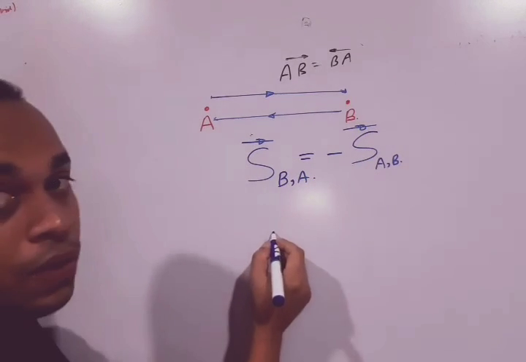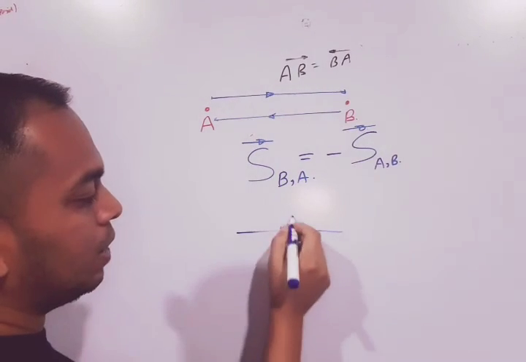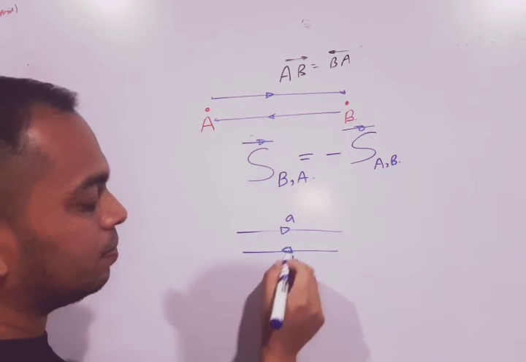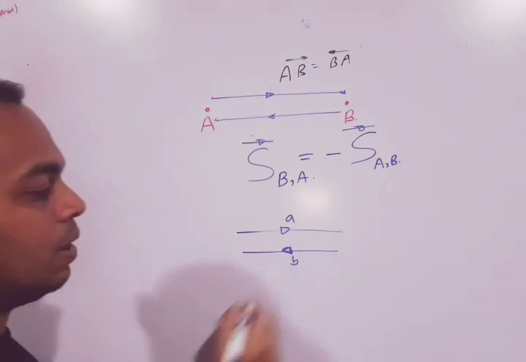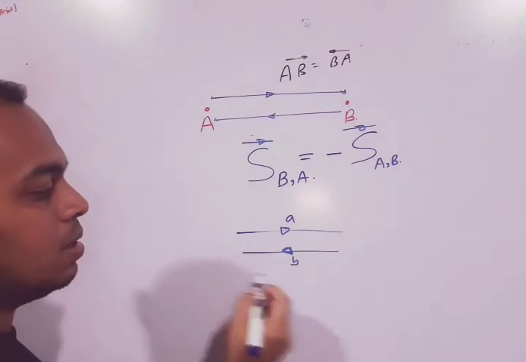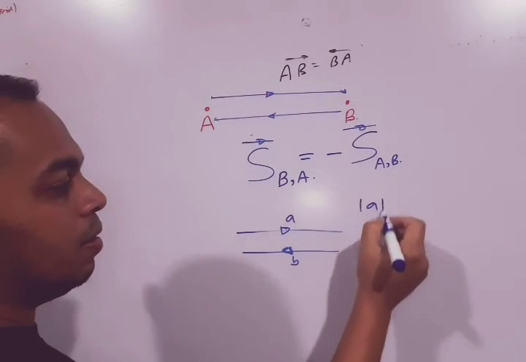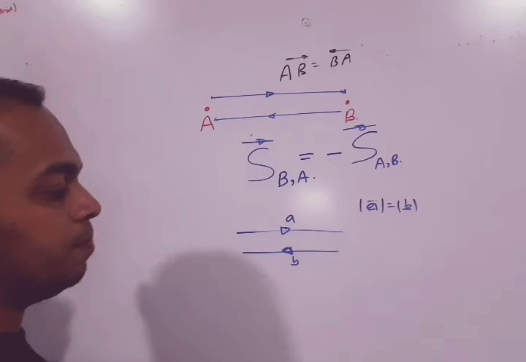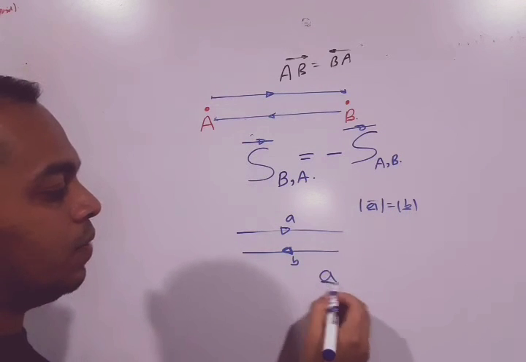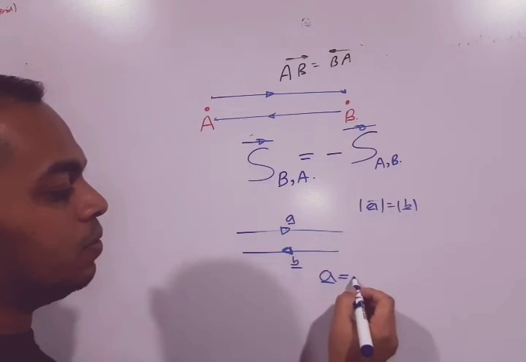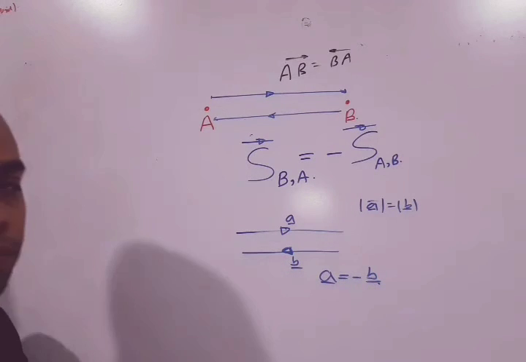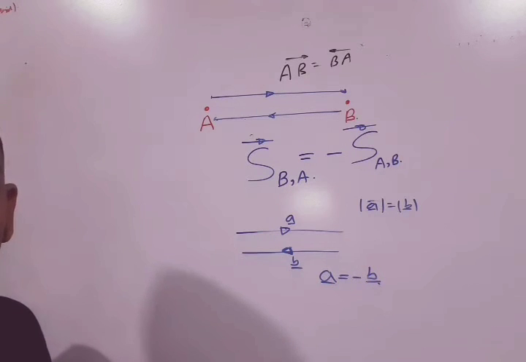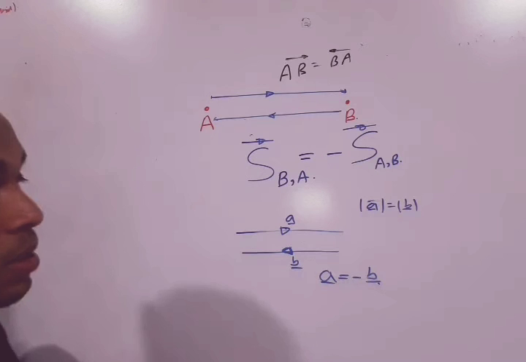Suppose, for example, if we have a vector A like this and a vector B like this, A is in this direction, B is in this direction. If magnitude of A is equal to magnitude of B, then we can say that vector A is equal to minus vector B. The minus sign represents that they are of opposite directions. That is the only significance there.